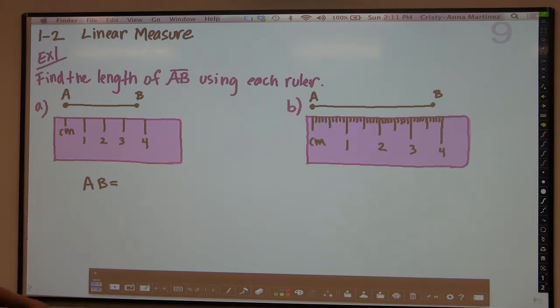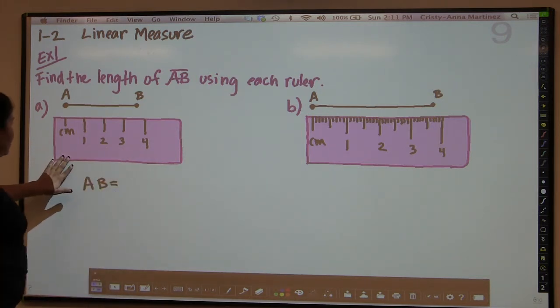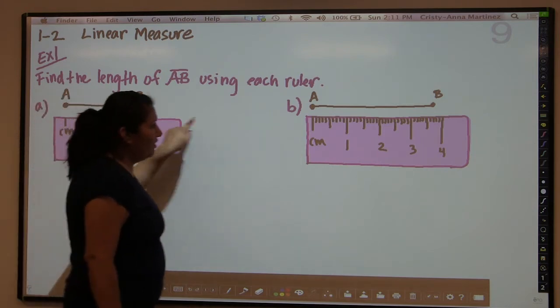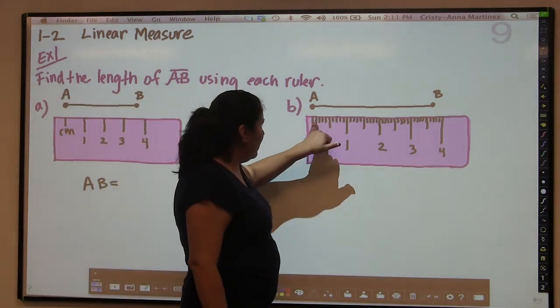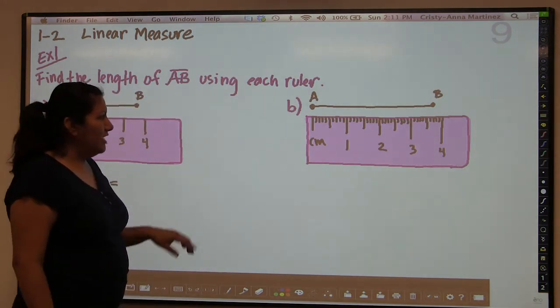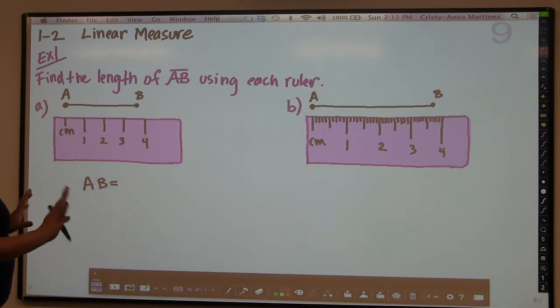In this case, our measuring instrument is a ruler, and you can see the difference between the two examples here. In this case, the smallest unit of measure is centimeters. These are all centimeters. But over here, you can see that there are all these extra little tick marks, so the smallest unit of measure there is different than it is here. That's why we're doing these examples separately.